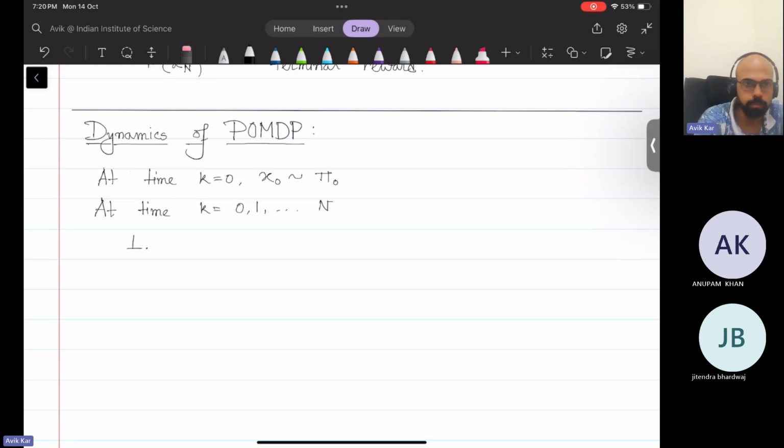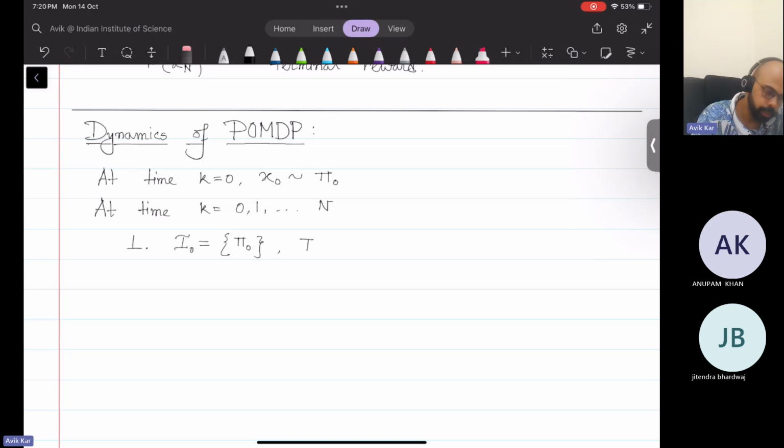Next, for each time, we have a set of information. For example, at time 0, we just have x naught or pi naught. Since we cannot observe x naught, let's keep the pi naught here because we don't have x naught.